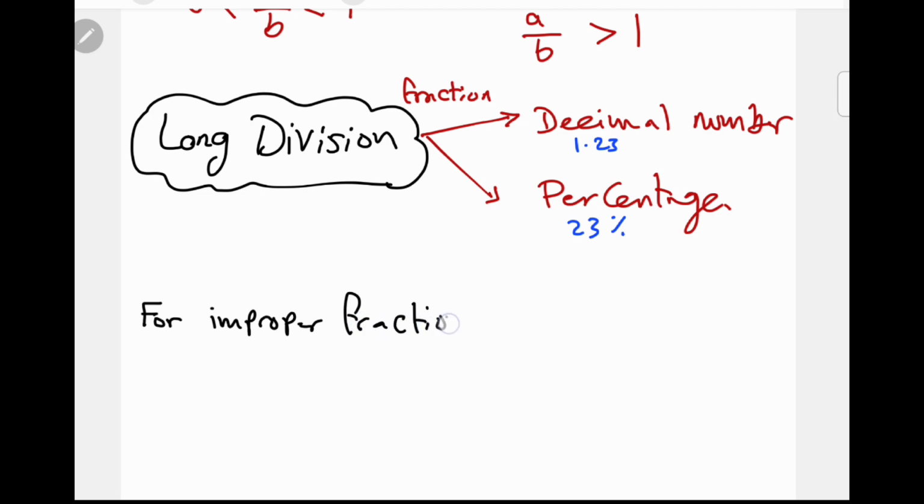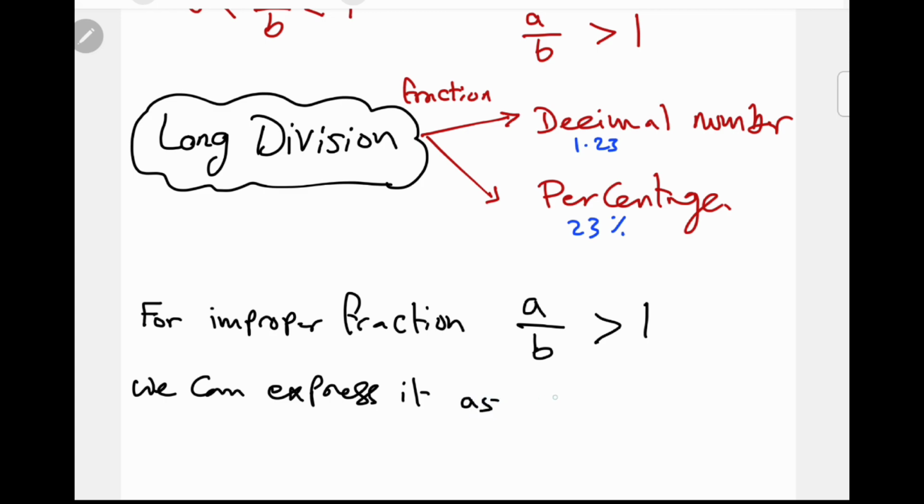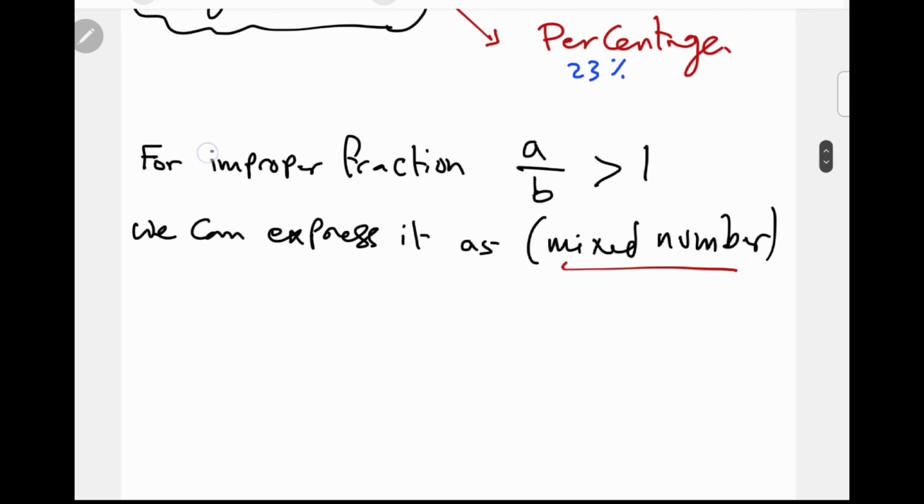Now, for an improper fraction, as we said, the fraction a over b is greater than 1, we can express this fraction as something called a mixed number. What's a mixed number?